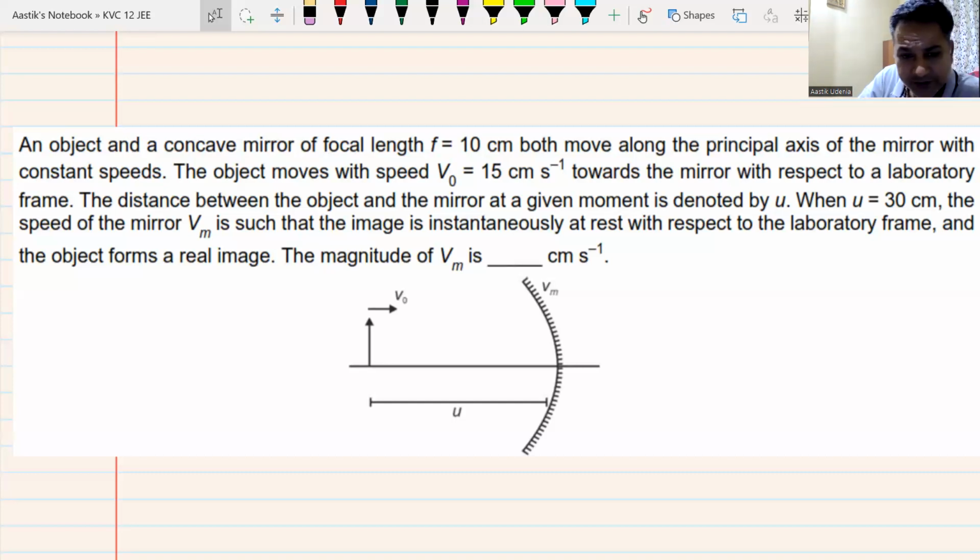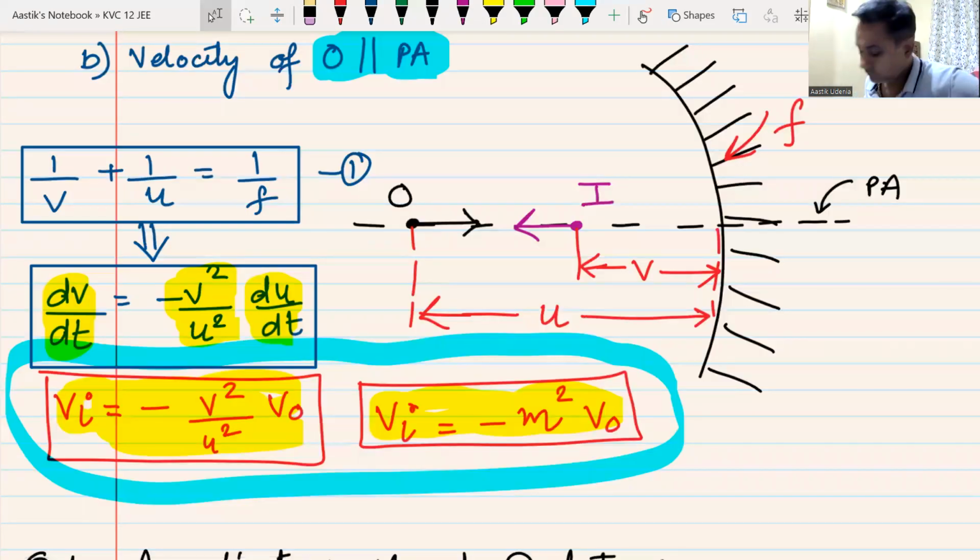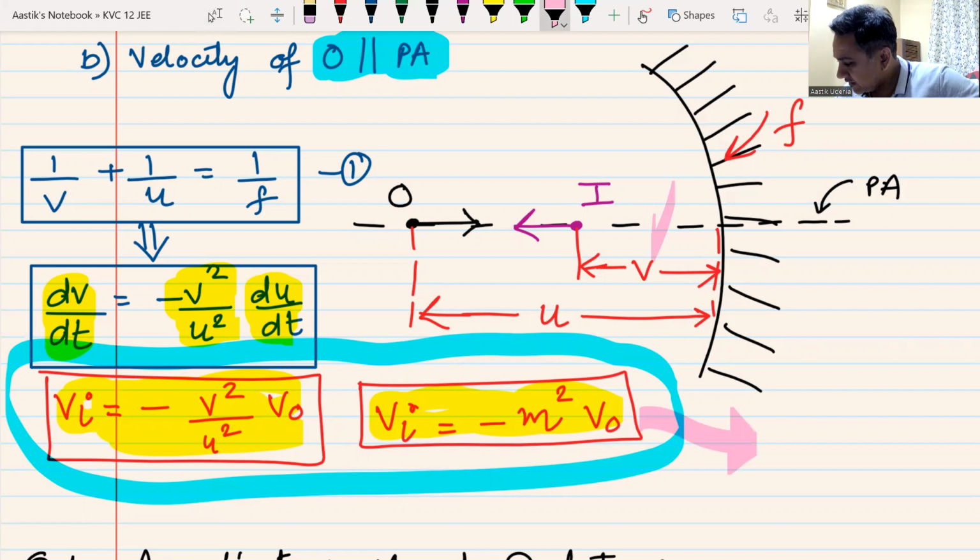Okay, shall I do it? So, how do you do it? It's pretty simple. The only thing you have to understand is, when I talk about the velocity of the image, I have taken the distance of the image from the mirror itself, yes or no?